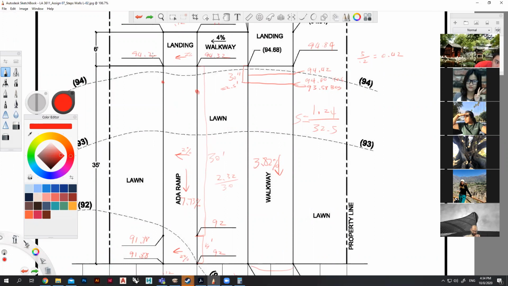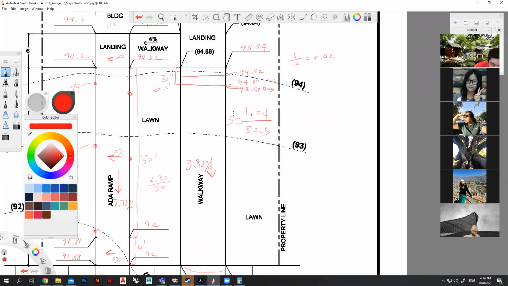And 94, so there's also a 93. 93, probably somewhere here, I'm guesstimating. 94, 93, and then 92, probably somewhere here. And on the other side, we're starting from 93.5, so there's 93.